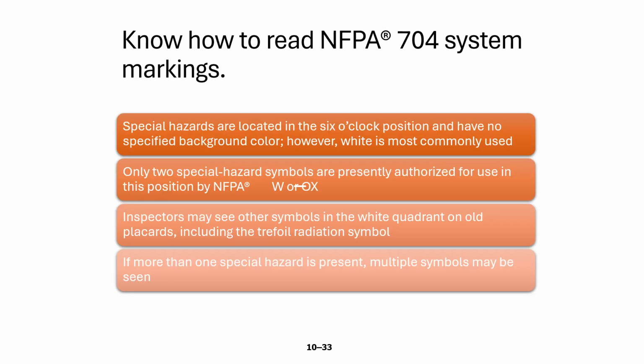We had just talked about this in the previous slide. That last bullet point is if there's more than one special hazard present or identified, you can have multiple symbols at the 6 o'clock position of your diamond.